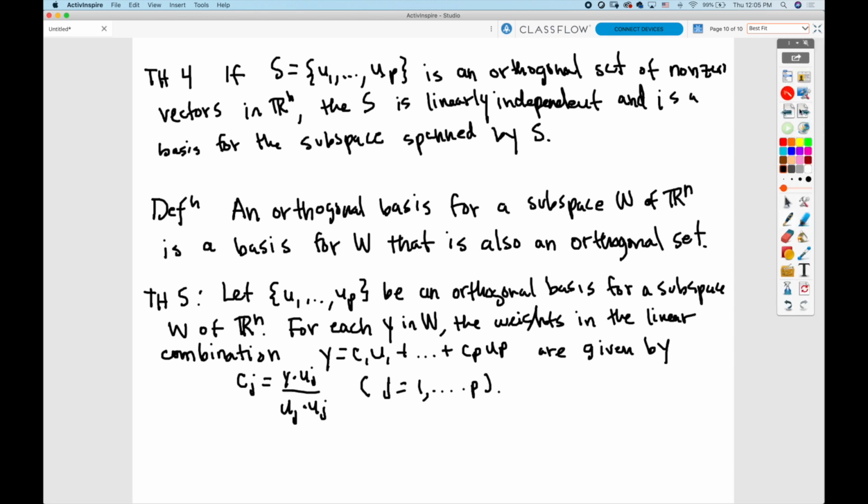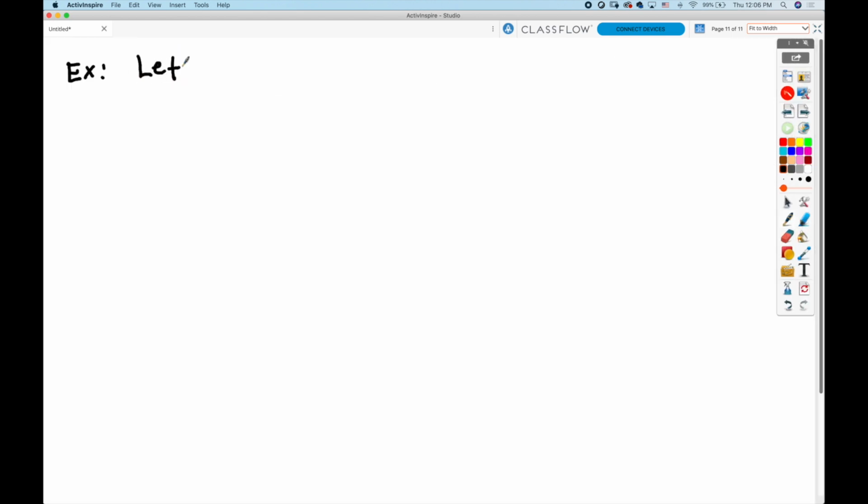Just do an example. We're going to let the set S be u1, u2, u3. We're going to use the same one we used from the first example.